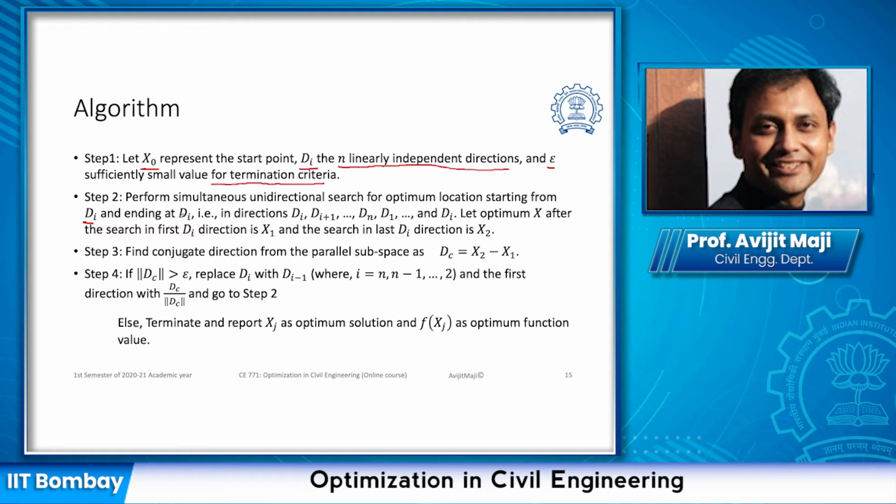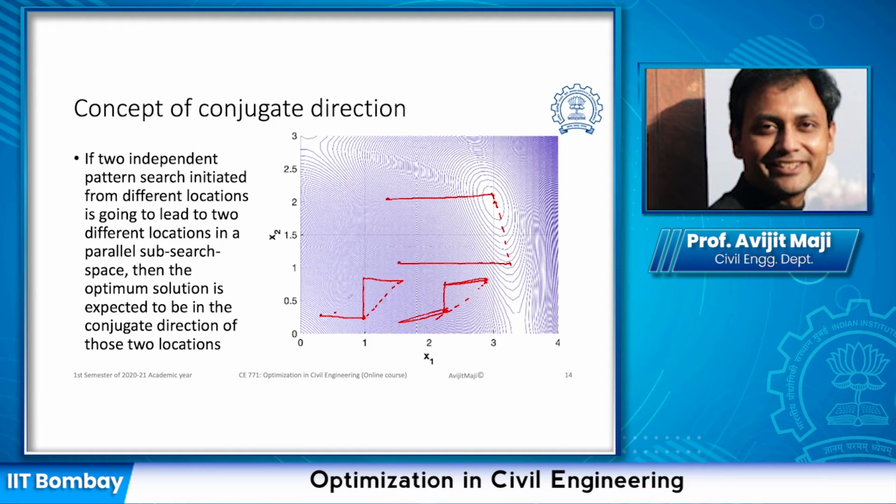Again, we need to end in that particular direction. So if we start with the first direction, we should end up in the first direction. As I had said, I'll go back to the previous slide. We started our direction, we looked into all the other directions, in this case with two variables only one more direction is there.